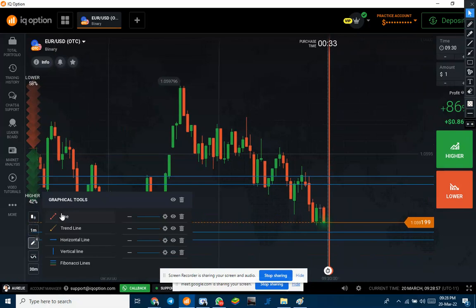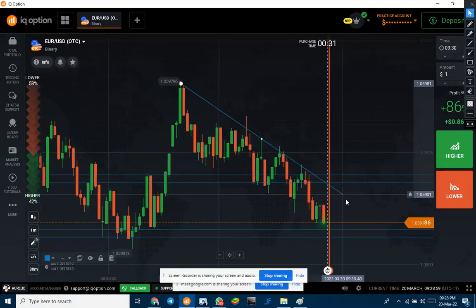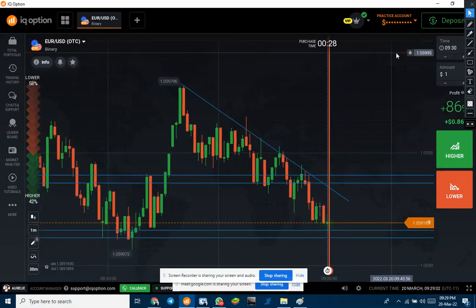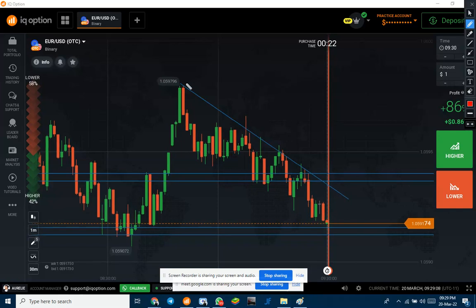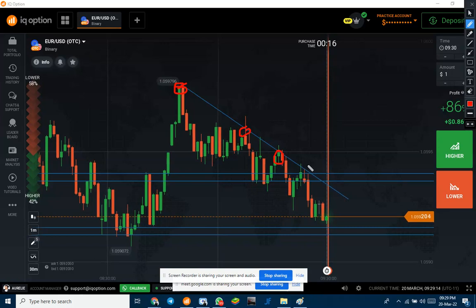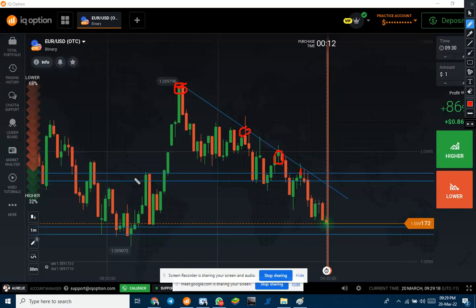Let me use the trend line. So here we have the trend line movement. When the price touches the trend line, it also reverses because of this zone.